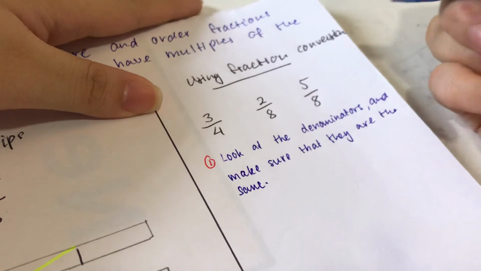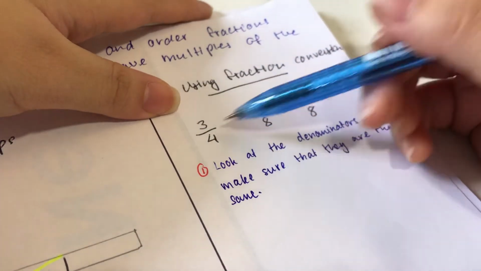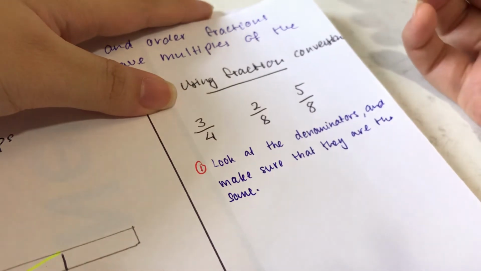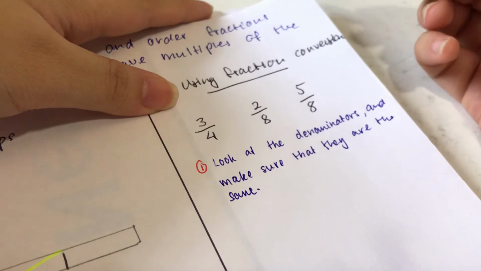So let's look at the denominators of these numbers. We have 4, 8, and 8. Because they are not the same, now we have to convert them.